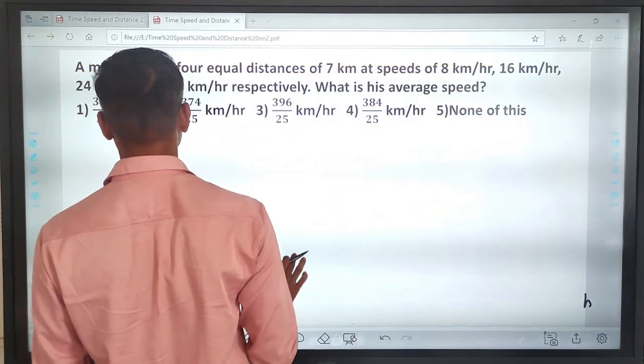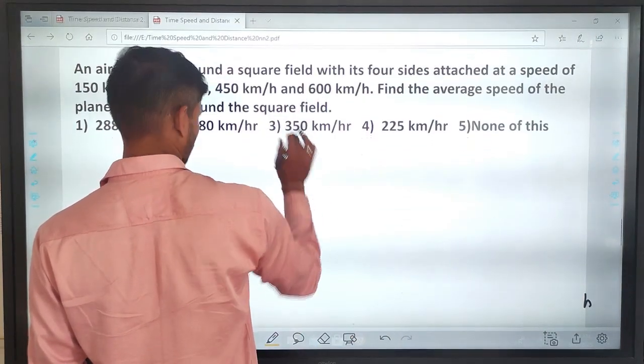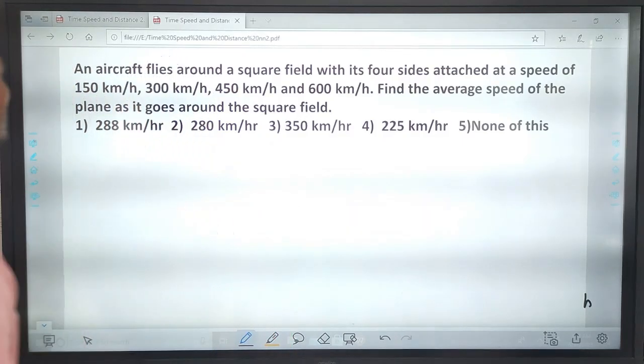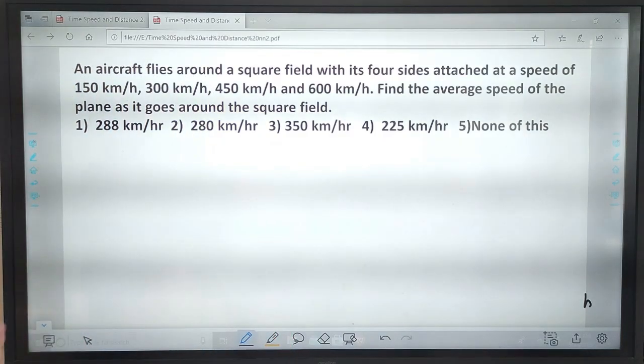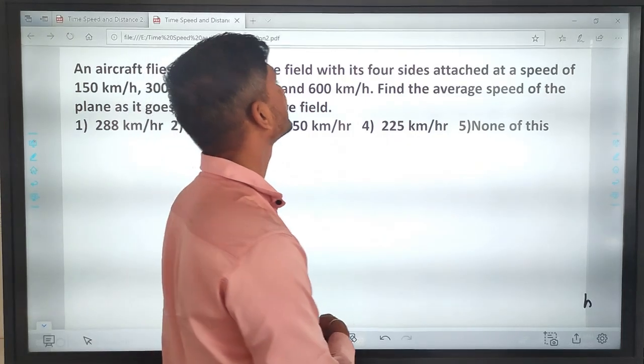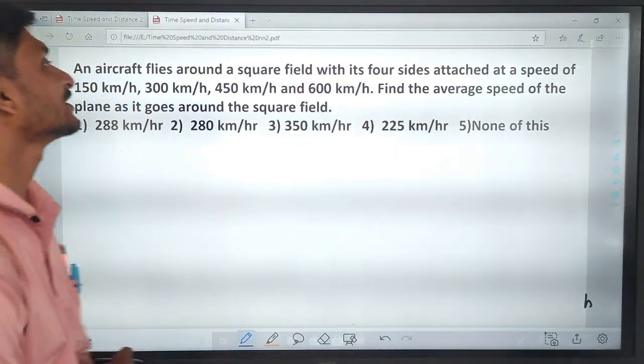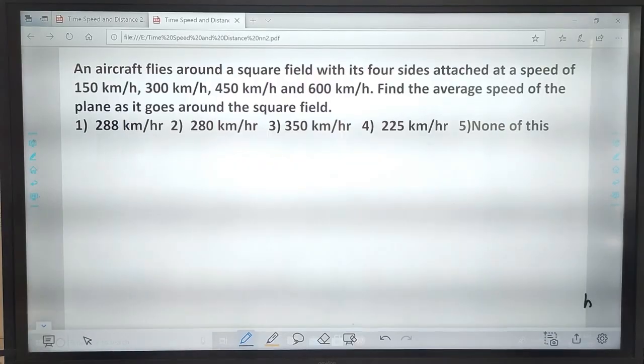Now next, an aircraft flies around a square field with its four sides at speeds of 150 km per hour, 300 km per hour, 450 km per hour, and 600 km per hour.